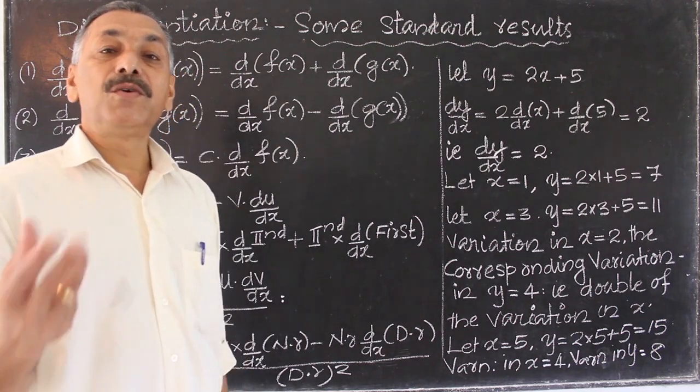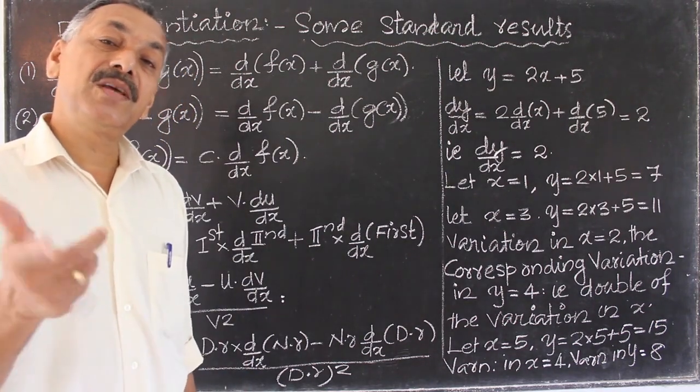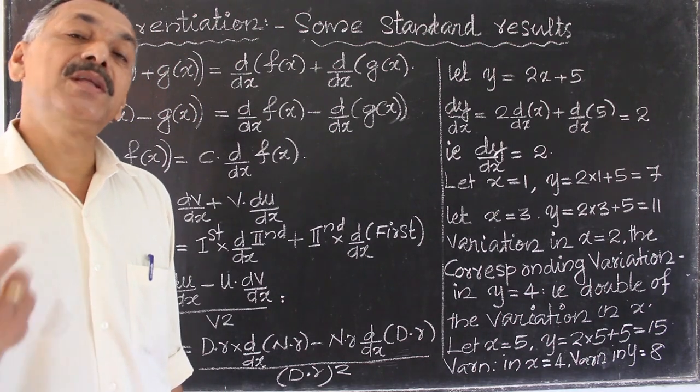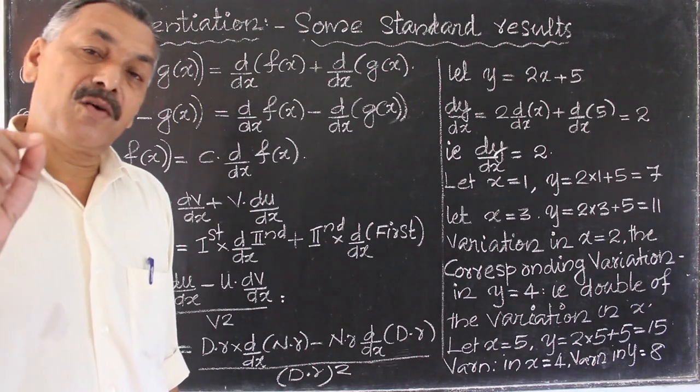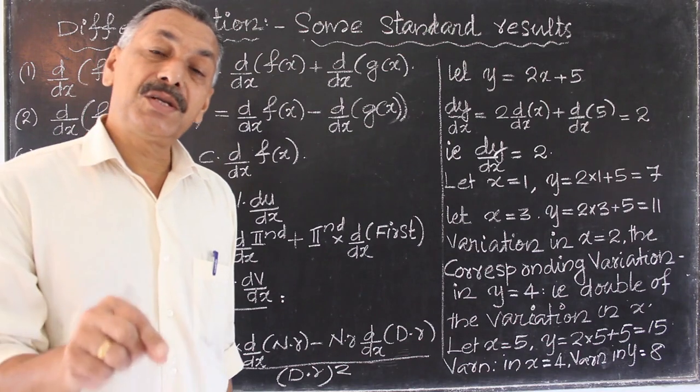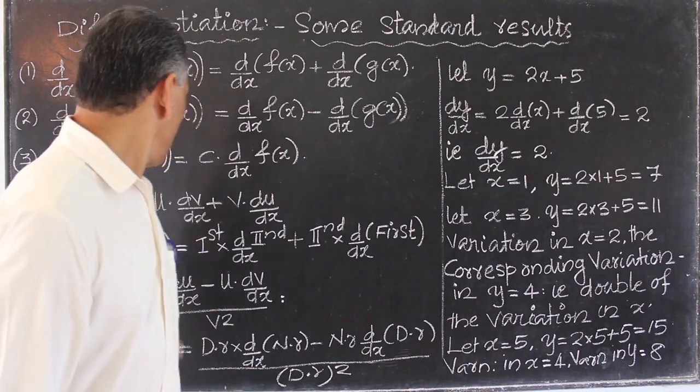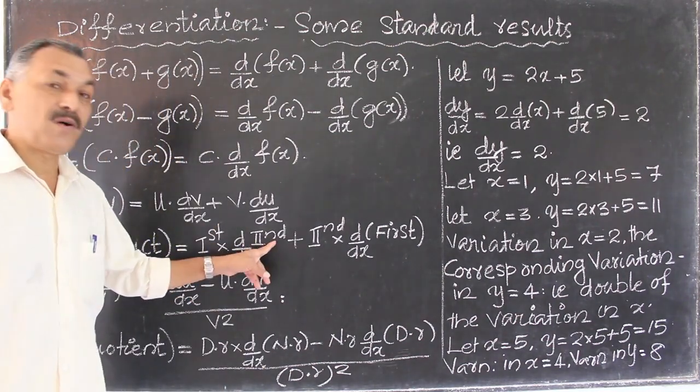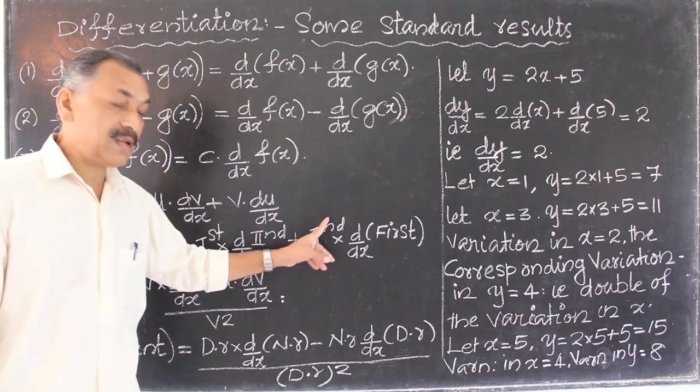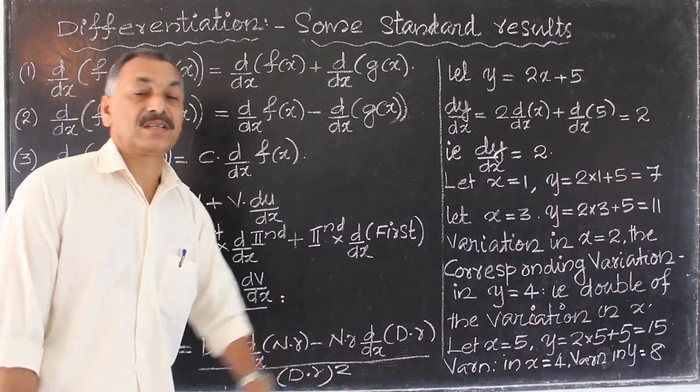Or derivative of u into v is equal to u into dv by dx plus v into du by dx.